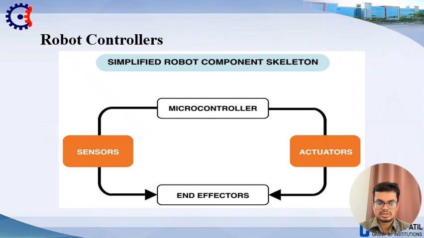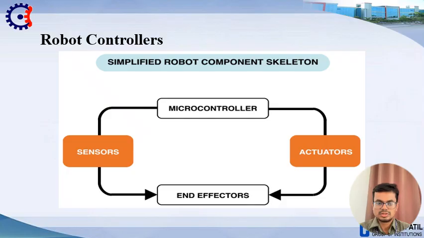Then second is sensors, through which the robot can take input in a certain environment. Third is actuators, through which the robot can perform motion, through motors and all. And lastly, there are end effectors, through which a robot can do certain actions and make changes in the environment accordingly. So these are 4 components which are very basic, and are present in each and every robot.